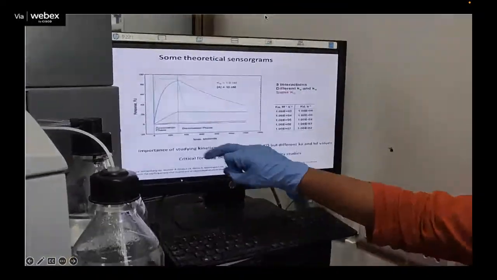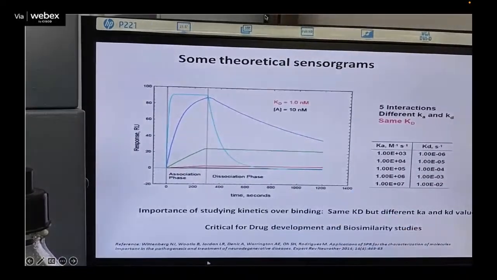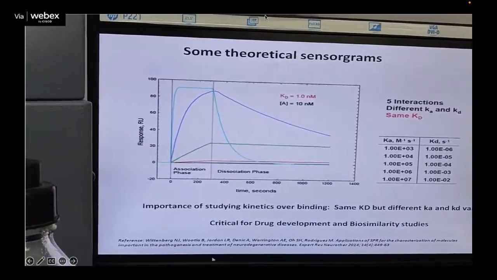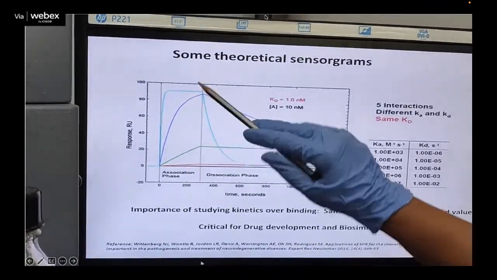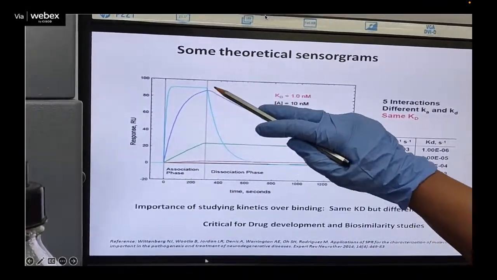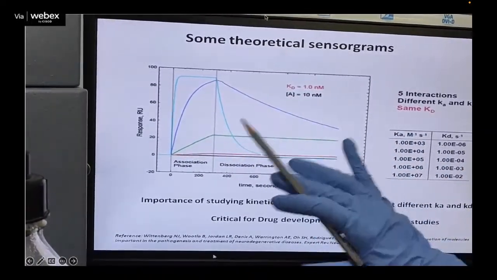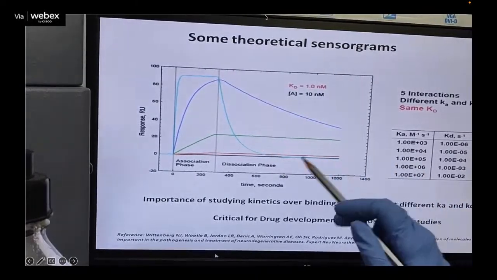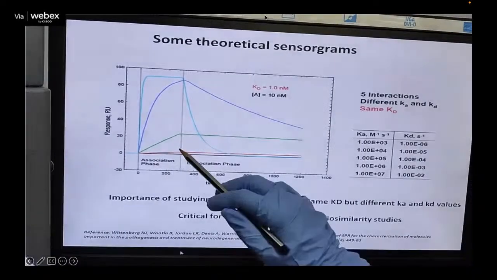If you can see here, there are different types of sensograms. You can see the shape of the sensogram. In this example, these five have the same KD. The KD is the same, but the association constant and the dissociation constant are different.